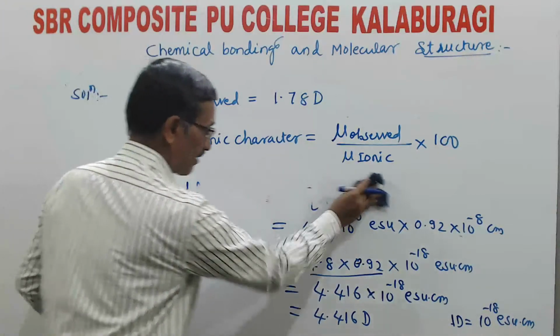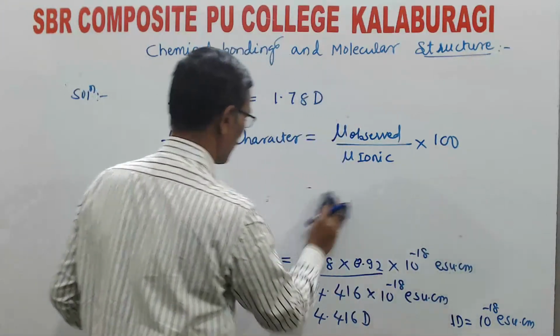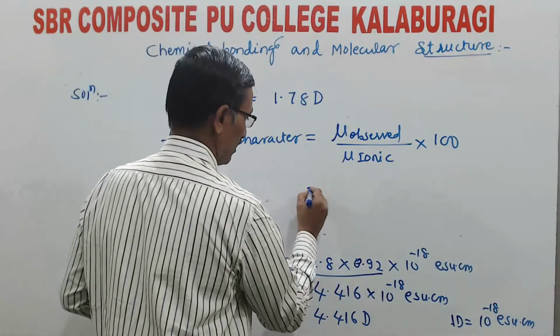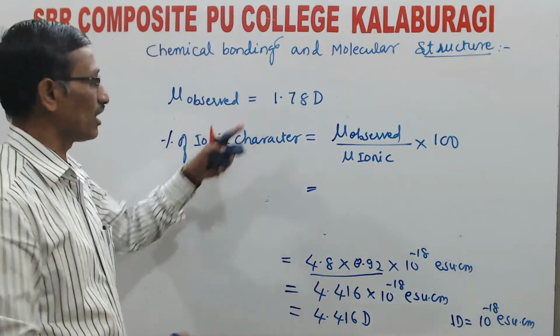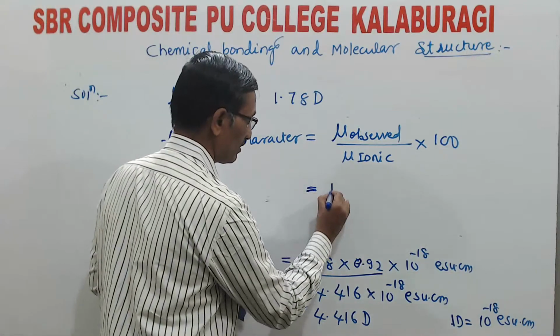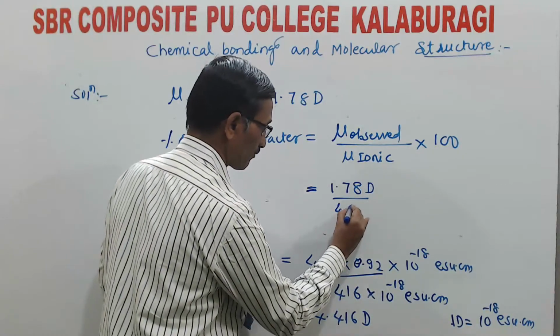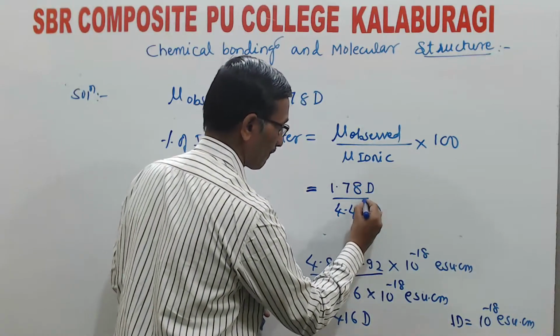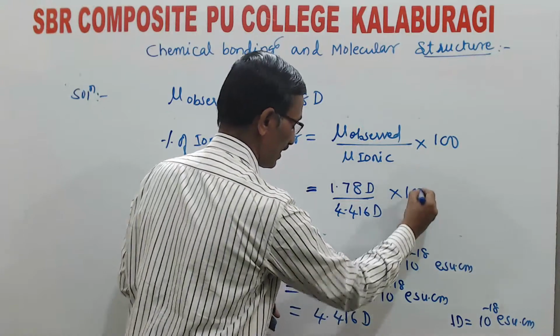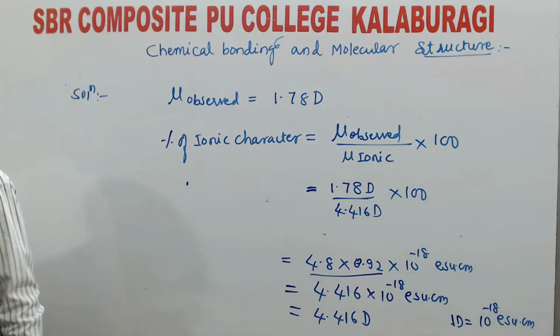Now in this case, I will substitute the values. Observed is given as 1.78, divided by 4.416, multiplied by 100.